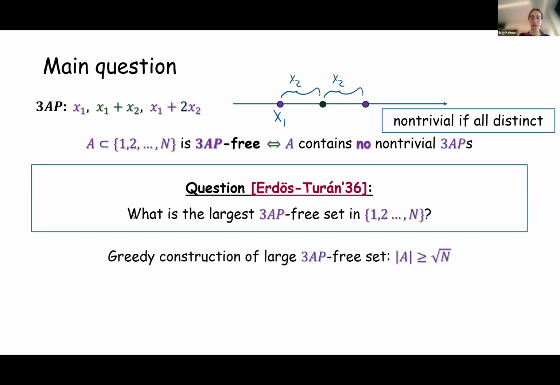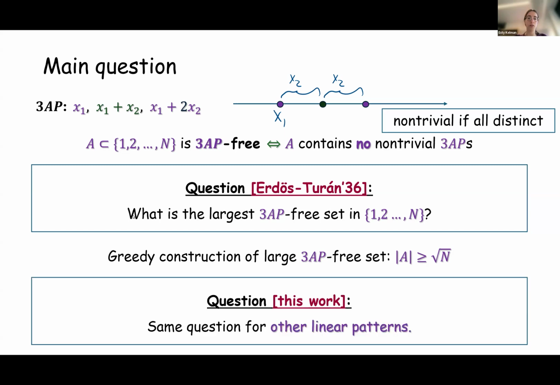A non-trivial bound can come from a greedy construction, where you take 1 and 2 and then skip 3 and add 4 and so on, skipping numbers that would complete 3APs with the previously chosen numbers. This would lead to a polynomial size 3AP-free set. And the main investigation here is, can we hope for better constructions?